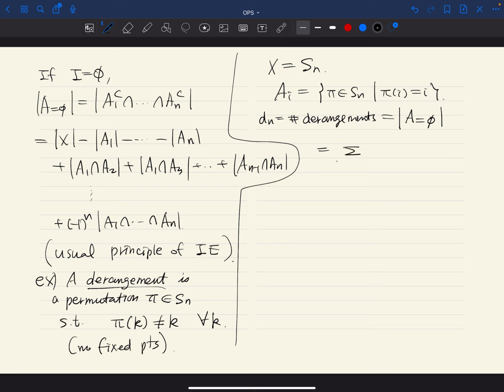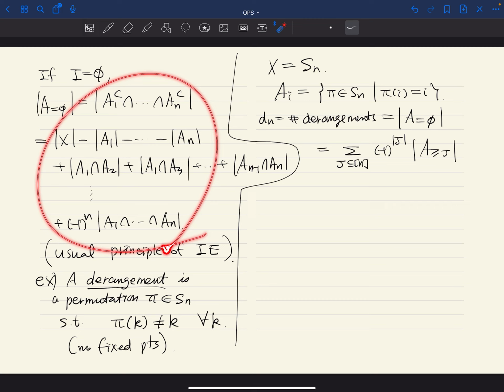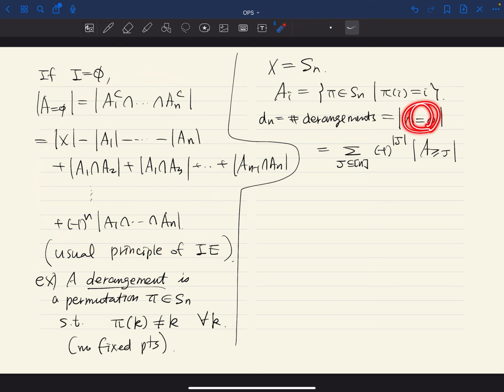And we can rewrite this as the sum over all J, minus 1 to the J, of the sets with properties at least in J, right? Actually, the reason why the principle of inclusion and exclusion is useful is that instead of computing the exact elements with exact properties, it's oftentimes easier to compute this, having properties in J. So for example, if the cardinality of J is, say, j, then what is the cardinality of this? j elements are fixed: j1 goes to j1, j2 goes to j2, ..., jj goes to jj.